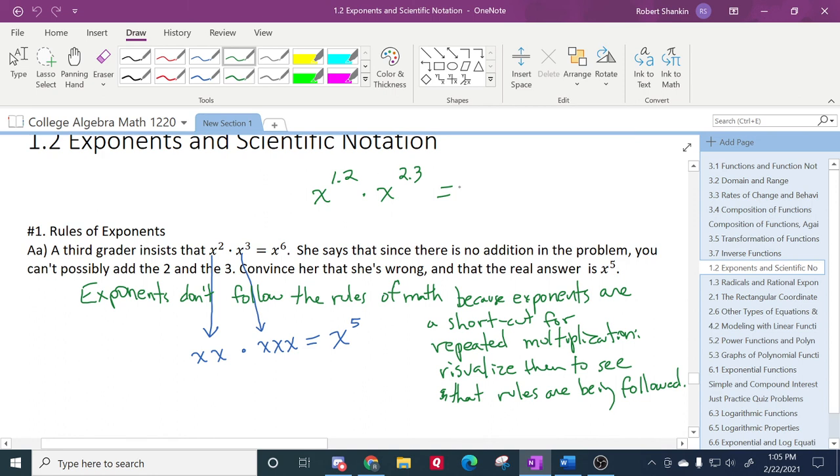Then I could come back to here and say, all right, this convinces me that I add the exponents, even if I can't visualize them anymore. I'll go to a simpler problem to remind myself of the rule, and then this becomes 3.5.